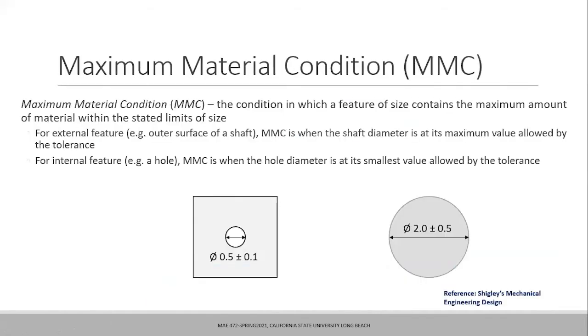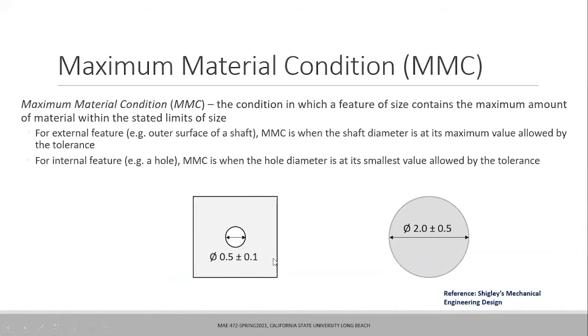Next. So what is maximum material condition? Before I read all that text, if you look at this specific drawing, it represents a square surface which has a hole in the middle, and the diameter of that is specified as 0.5 plus minus 0.1. No units are specified.